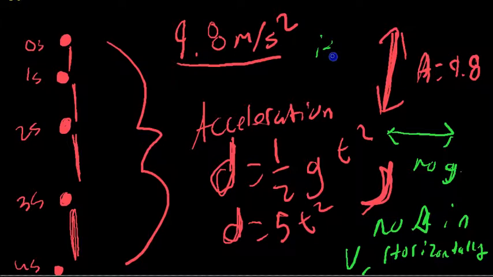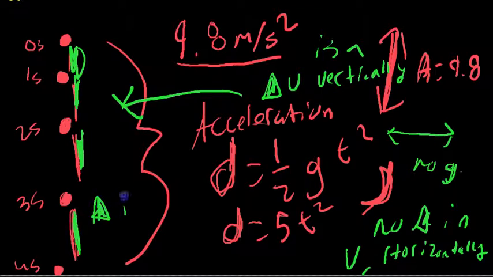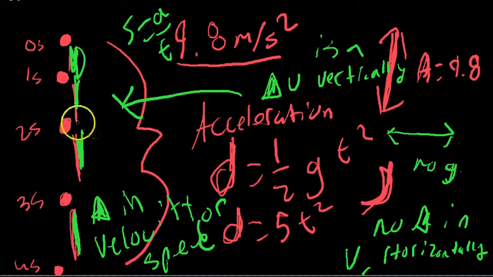But there is a change in v vertically, which is what we saw here. You can think of each passing time interval getting bigger and bigger as a change in velocity, or speed, because our speed equation is speed equals distance over time. So that's how that factors in.